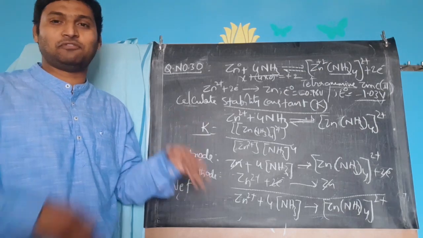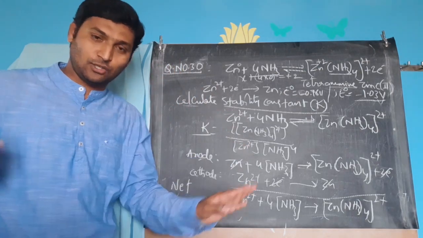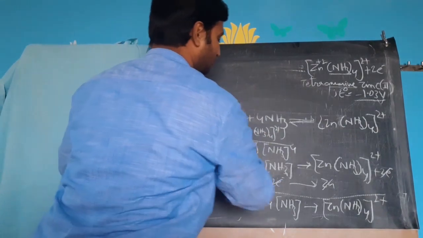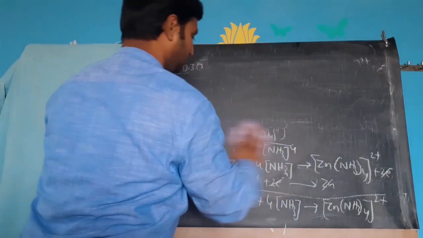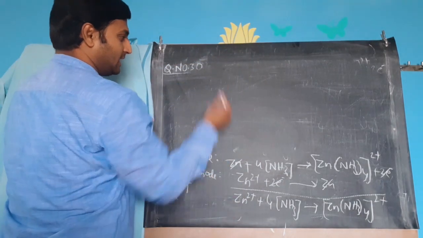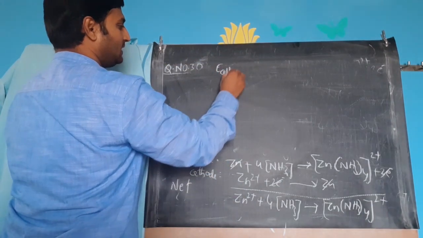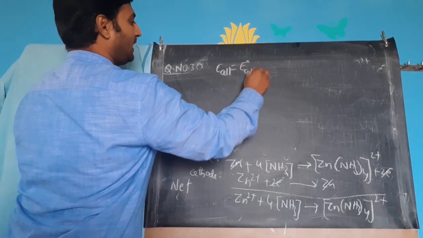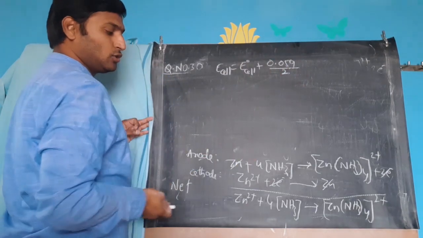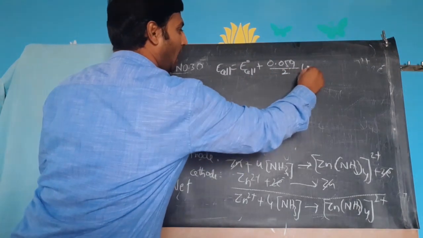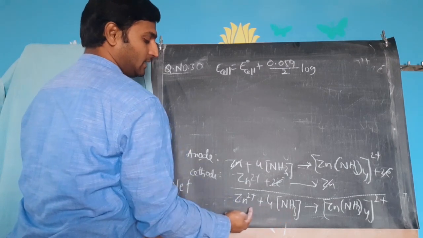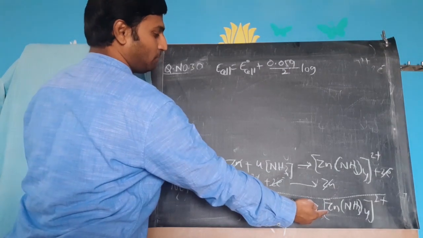Now we will get the expression for K, substitute in the Nernst equation and solve it. So let me write the Nernst equation. The Nernst equation for this net cell reaction will be E cell is equal to E naught cell plus 0.059 by 2, of course 2 electrons involved, log of, because I took plus here, concentration of reactants by concentration of products.